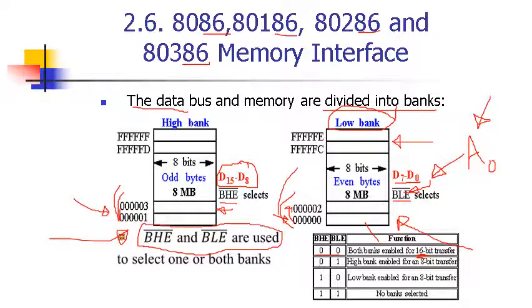If you activate the high bank only, you get 8 bits from the high bank. If you activate the low bank only, you get 8 bits only from your low bank. If you don't activate any of them, you don't deal with the memory, you're not communicating with the memory, and no bank is selected. Good.